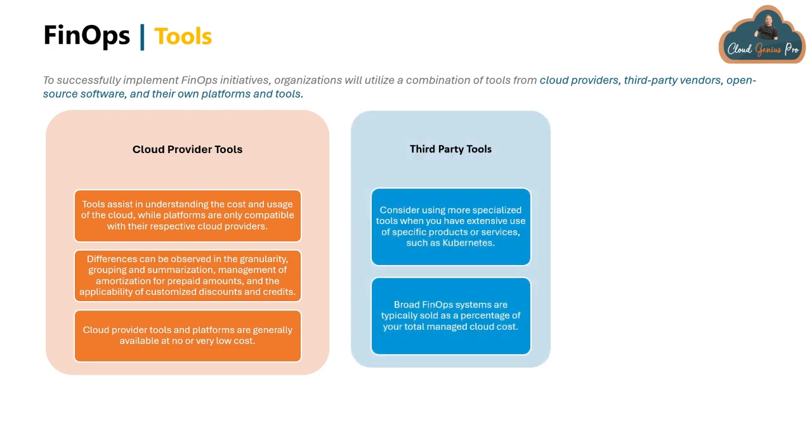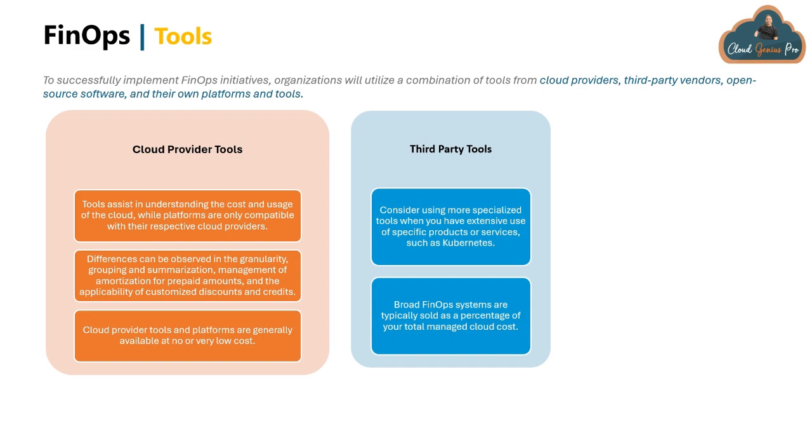These third party tools are also specialized for services like Kubernetes. And when the organization has a multi-cloud environment, these third party tools are helpful because they provide a common view across the hyperscalers. The key disadvantage of these tools is the cost.